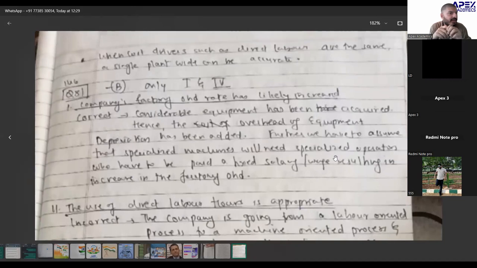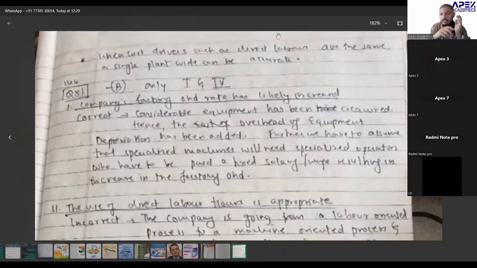Number 7, do you have that? Sir, for screen share I have to close that WhatsApp.